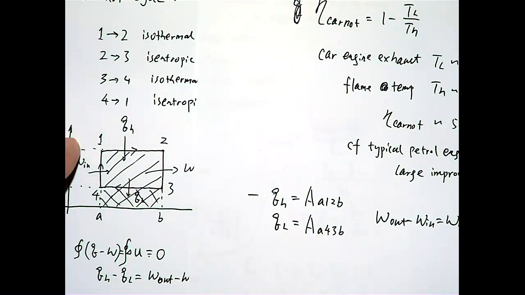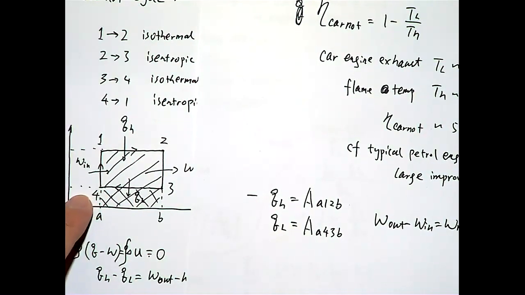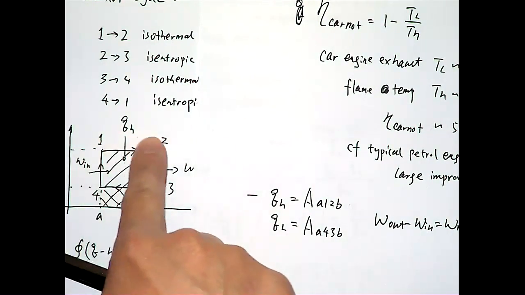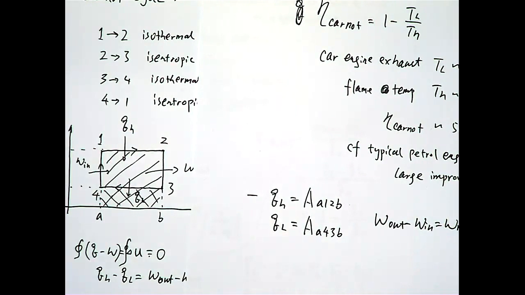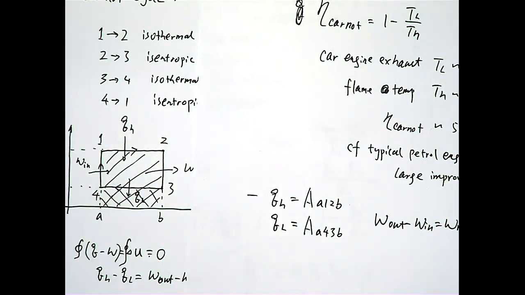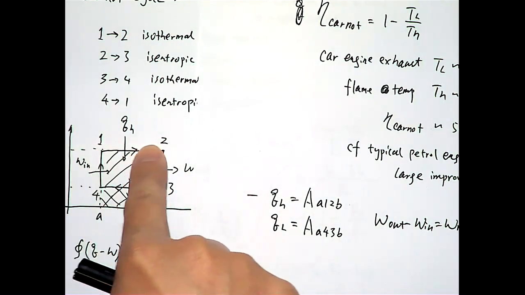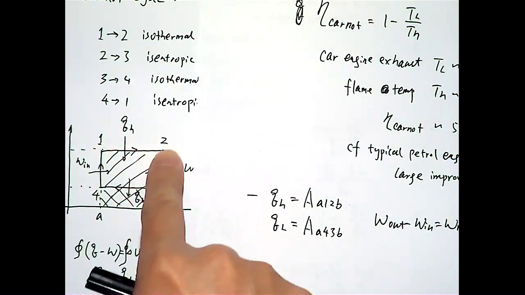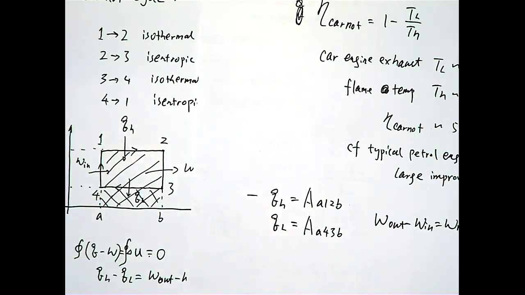If you look at the TS diagram, you can quickly get an idea of whether the cycle is efficient or not, because the area enclosed by the 4 steps corresponds to the net work, and the entire area below the high temperature line corresponds to the total heat input for the cycle.